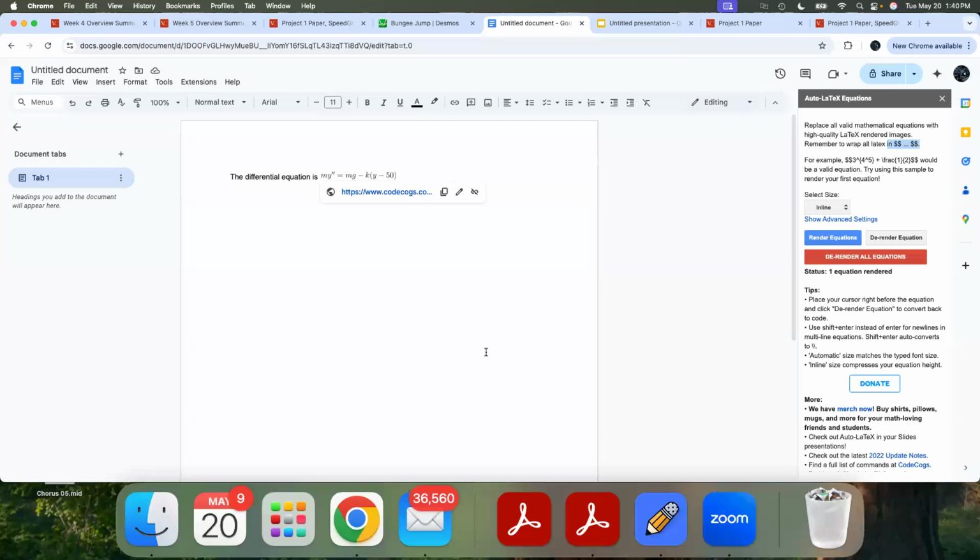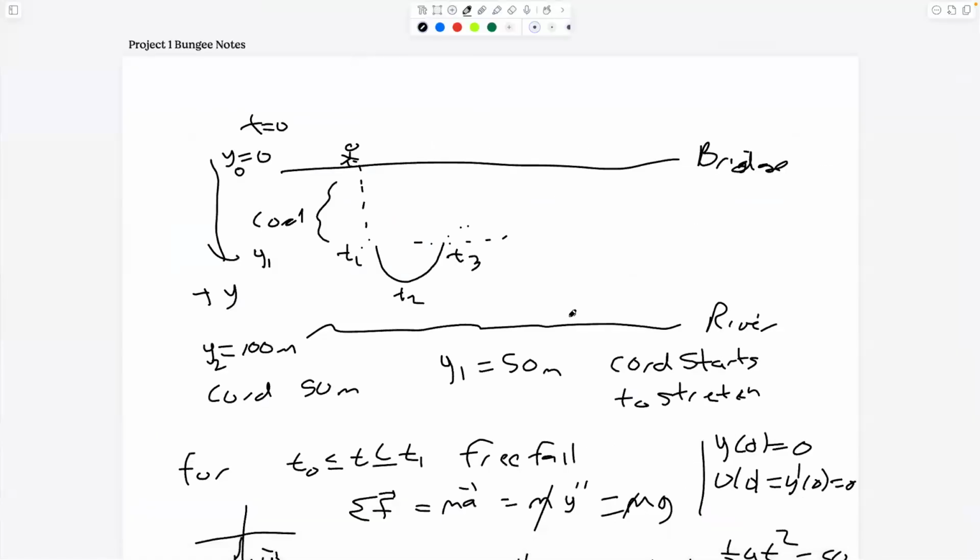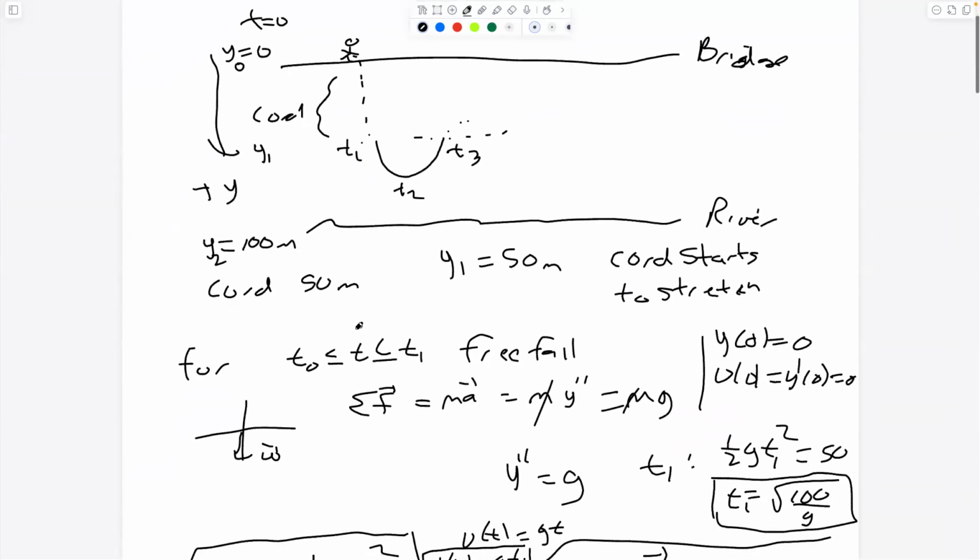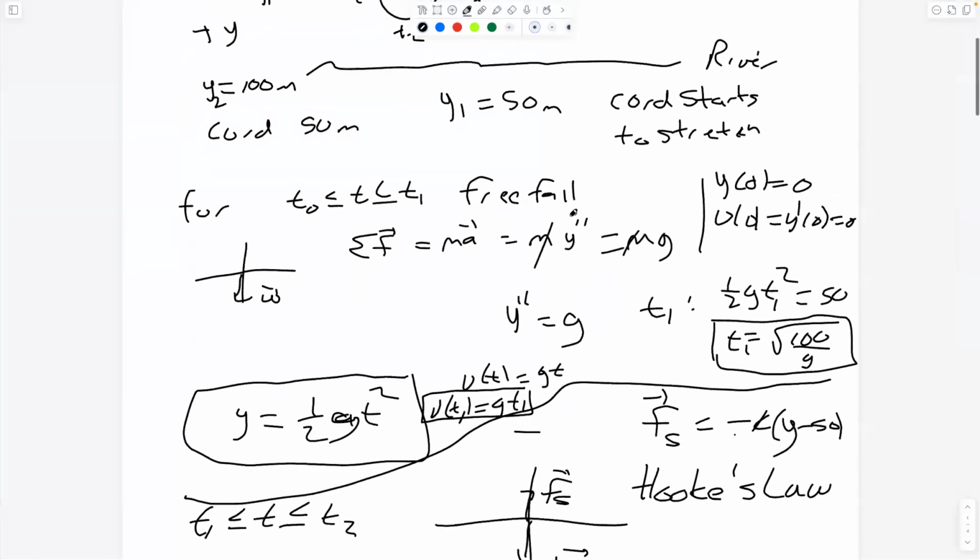In the presentation, we're just hitting the highlights, the stuff that's relevant to this course. You're going to explain the physics. You're going to have this image up on a slide and explain to the group what's going on. Quickly, this part here is boring.